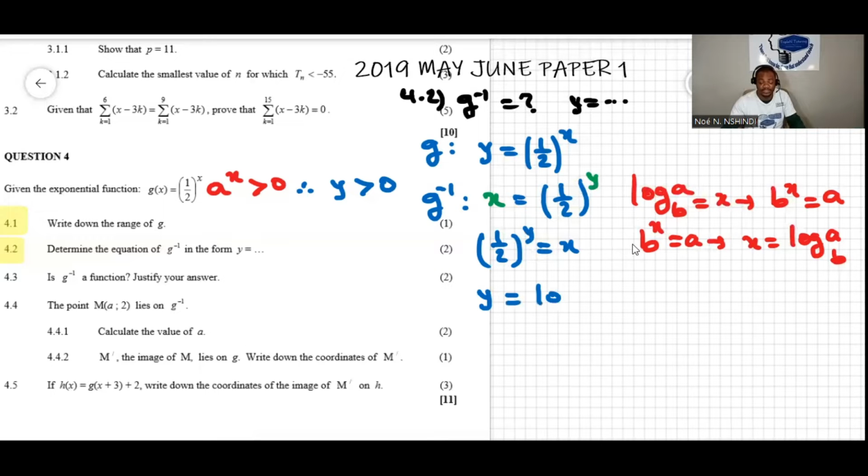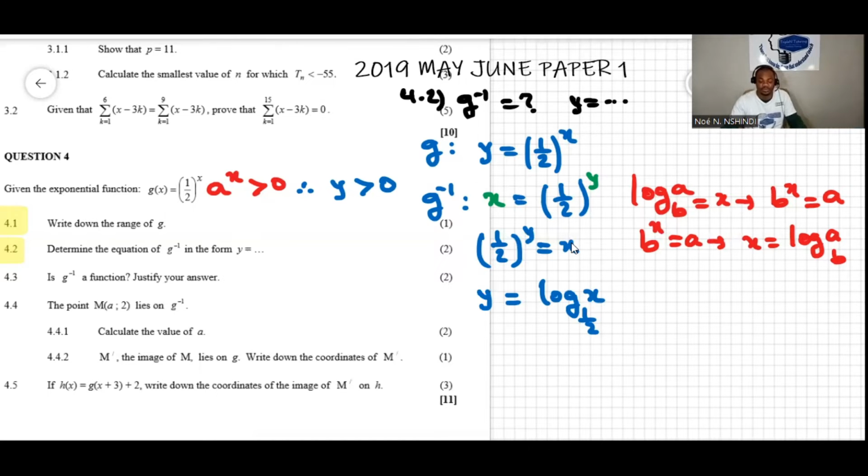The exponent is y, so y equal to log of a base b, where a here is x and the base is ½. So y equal to log of x base ½.